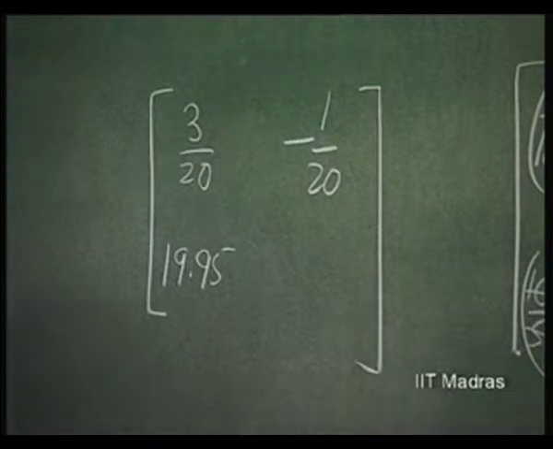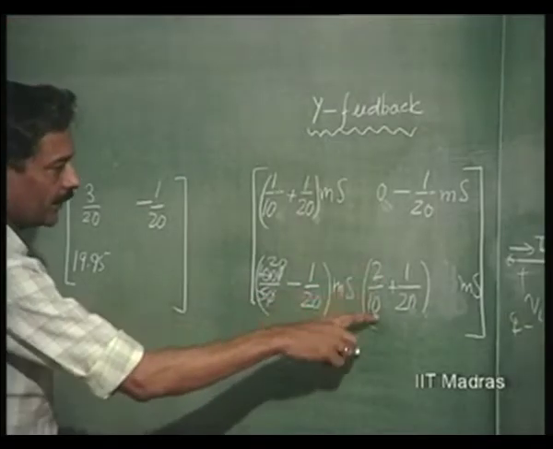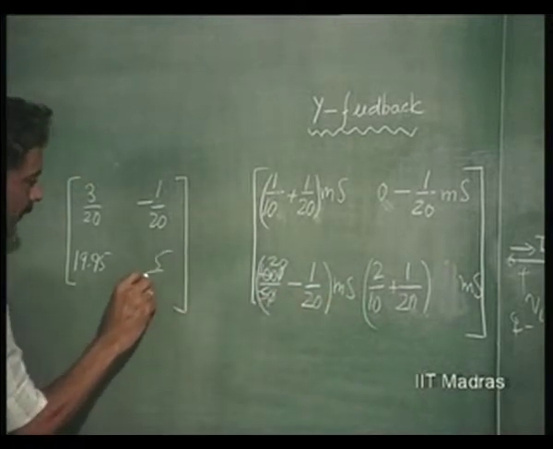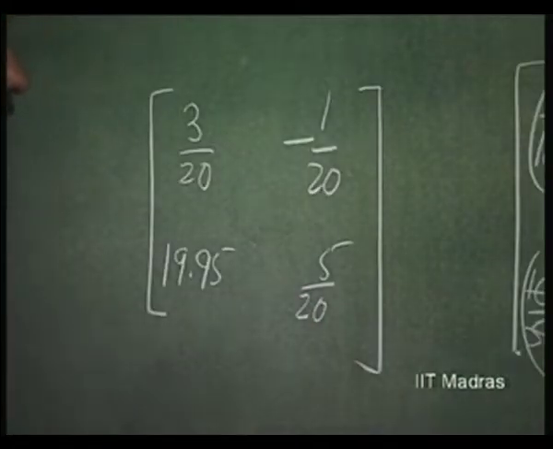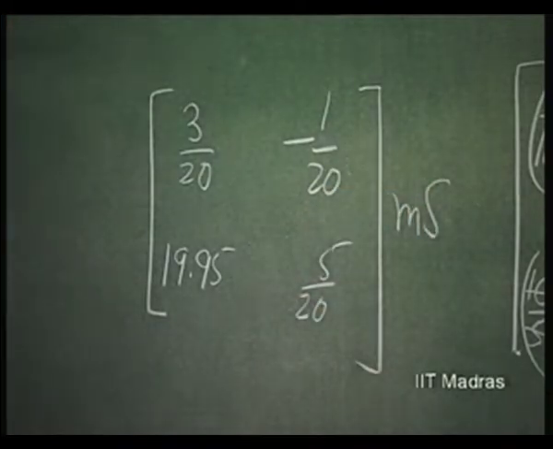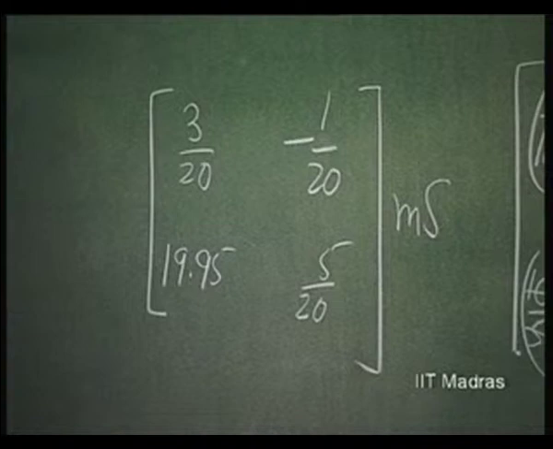So this is again 4 over 20 plus 1 over 20, that is 5 over 20 millisiemens, all expressed in terms of millisiemens. So this is the Y parameter of the composite network.